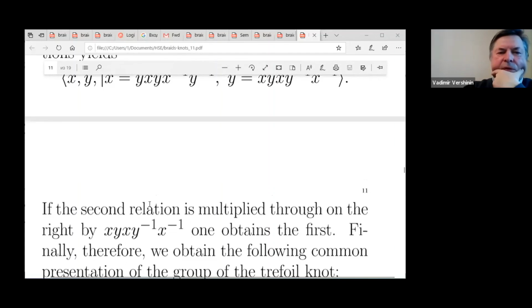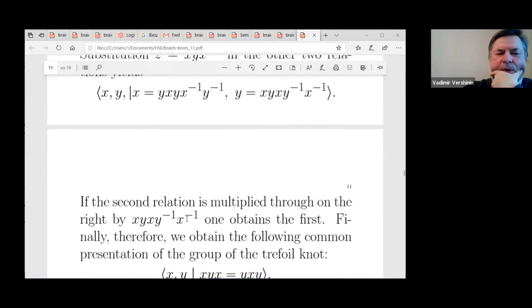So can you see? You multiply it by the right. If I'm correct, then you should obtain the first one, no?